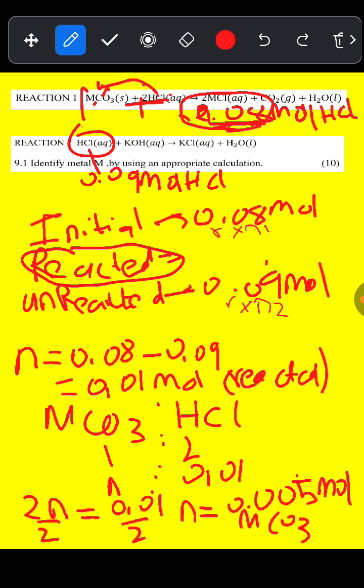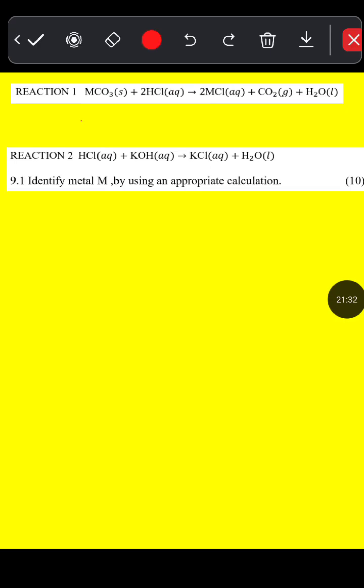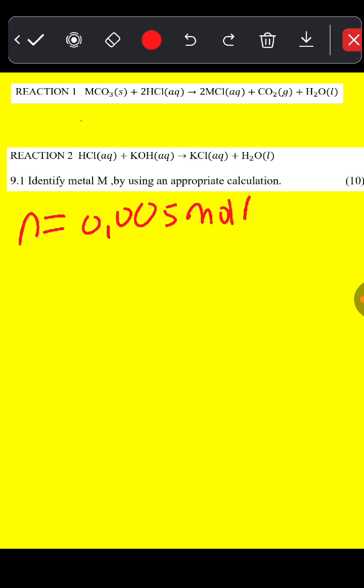Now we got the number of moles of the metal carbonate. So the number of moles is 0.005 mole metal carbonate. Okay, so now I'm going to calculate the molar mass of the metal carbonate. I'm going to say number of moles is equal to mass over molar mass.